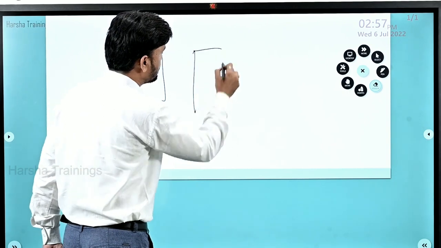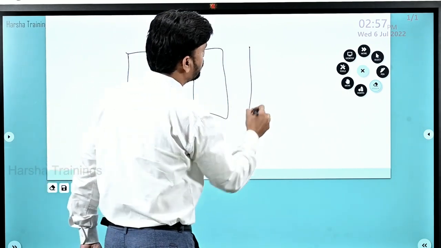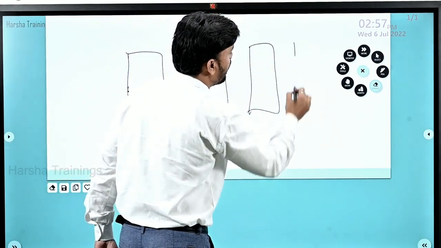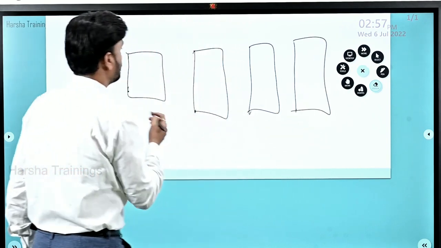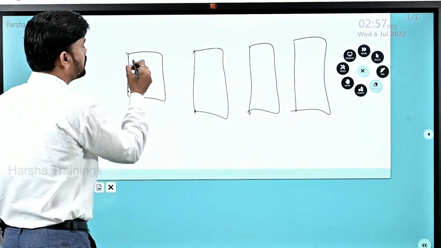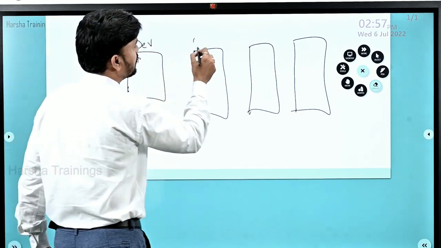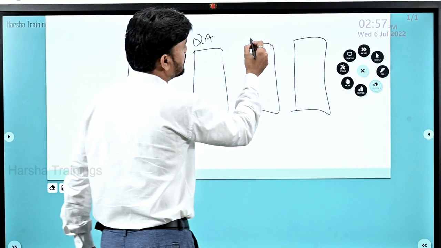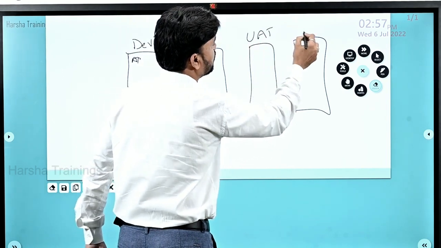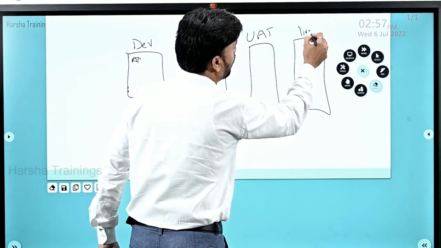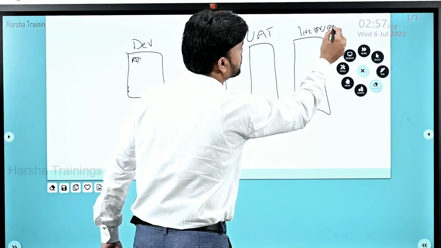server 2, this is called the QA server, server 3, this is called UAT, and server 4, this is called the live server. So for the Amazon application, this is the development server, dev server, this is the QA server, this is the UAT server, and this is live, or you may say production server, prod server.